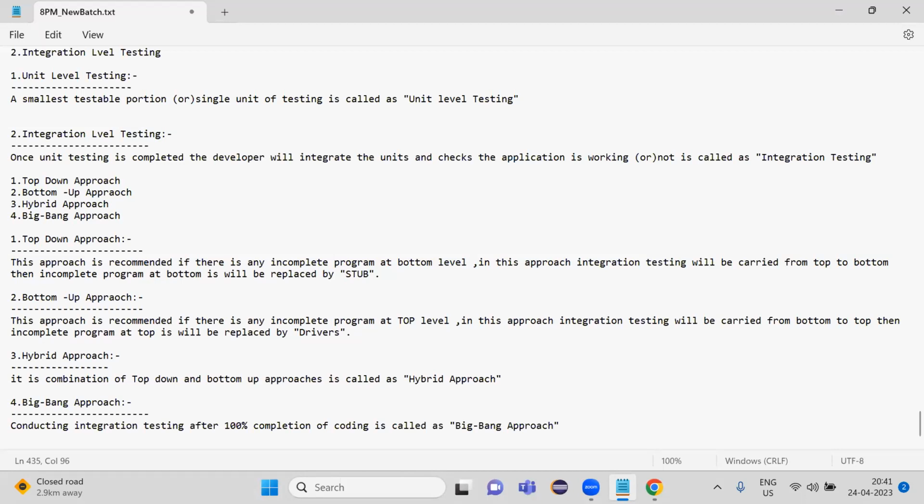White box testing is completely handled by the developers. Black box testing is completely taken by test engineers, the testers. Coming to gray box testing, both have to work: developers and testers.